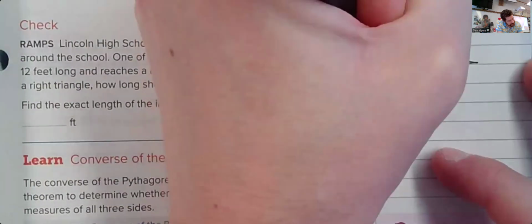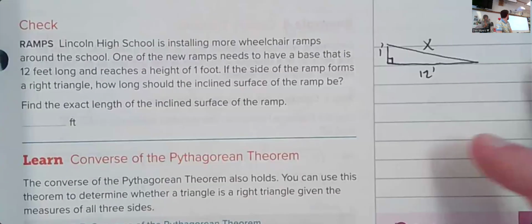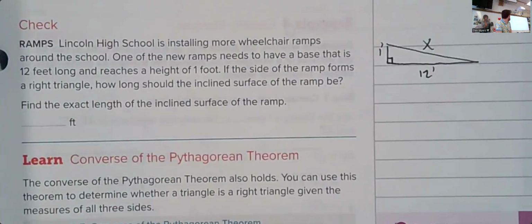Correct. What's that? Is 12 the biggest number? No, X will be. It's because it's saying the base of it has to be 12 feet long. And the length across from the right angle is always going to be the longest side.